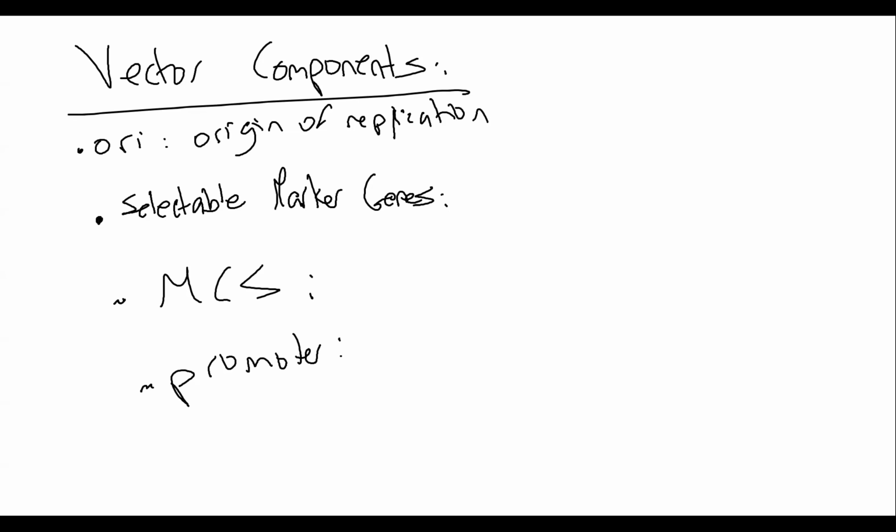Selective marker genes. These genes allow the identification of cells that have taken up the vector. What are the marker genes? Marker genes are, as we said, the antibiotic resistance genes.